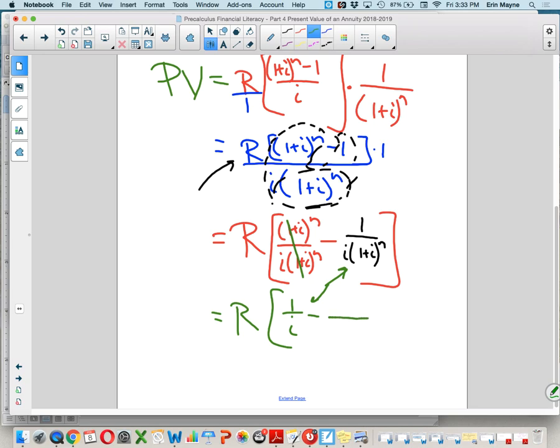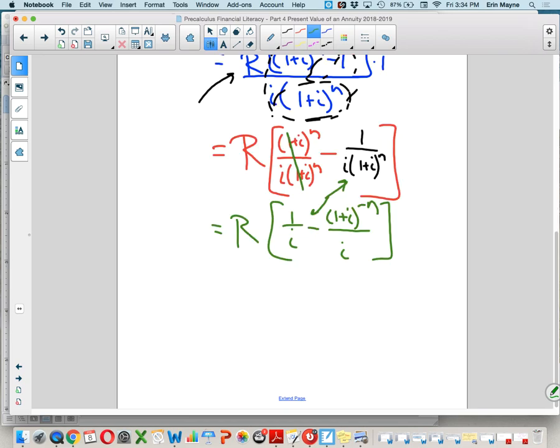So if I divide by something that is attached to an exponent, I can kick it to the other part of the fraction with the negative exponent. And in this case, then, I have common denominators. And what I have in the final step is my formula. r times 1 minus 1 plus i to the negative n all over i.